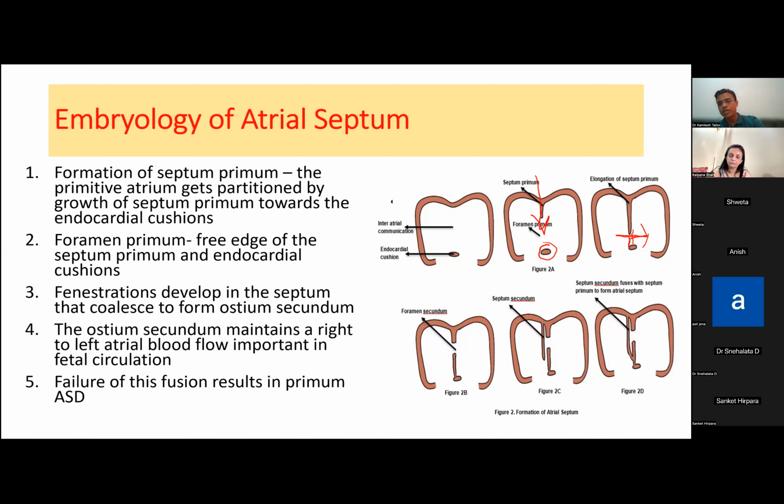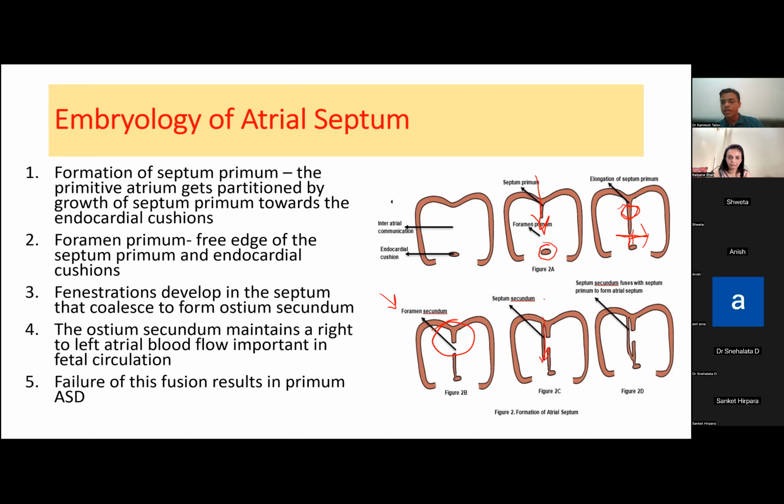But then fenestrations start happening in the upper part of the septum primum. Initially they are fenestrated holes, and then they become one big hole, which is called the foramen secundum. So this is an abnormal connection, but it is normal during fetal life. After formation of the foramen secundum, the septum secundum, which is to the right of the septum primum, starts growing and projecting downwards.